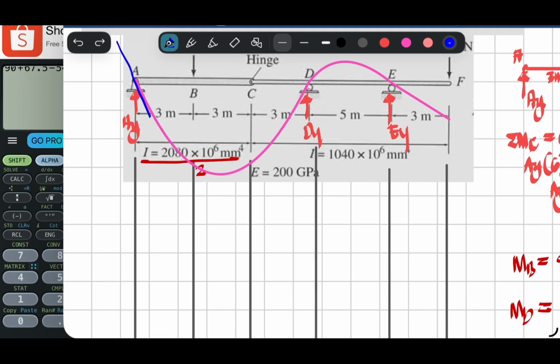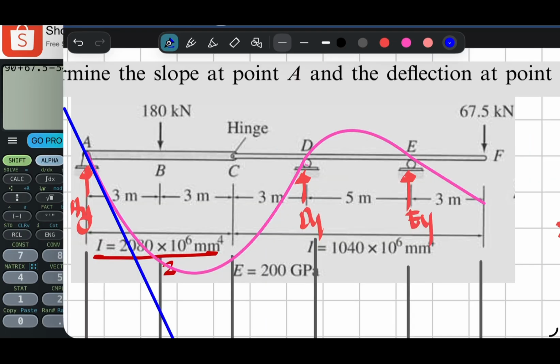Hindi siya straight. So, muna siya ang tangent line at point A. And then, another tangent line dere nga moagi sa point D. Dili siya curve.